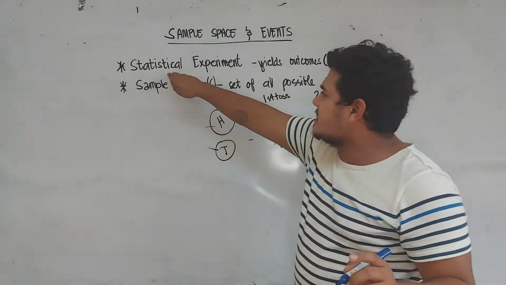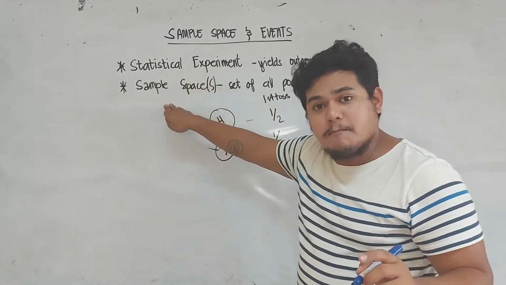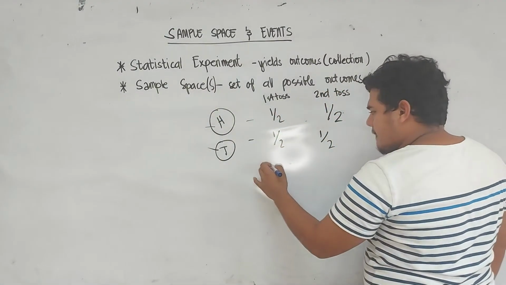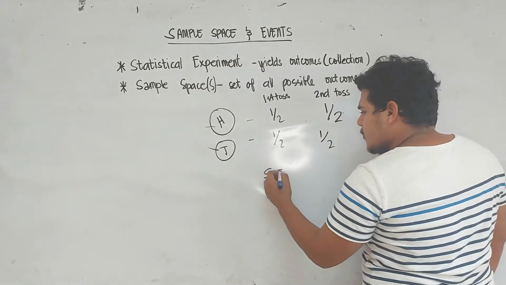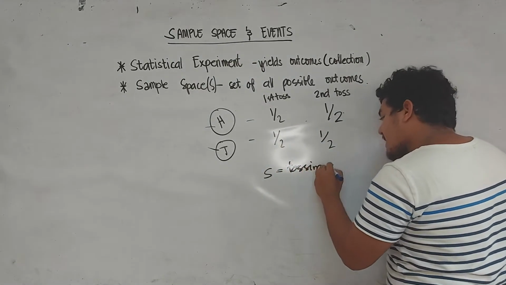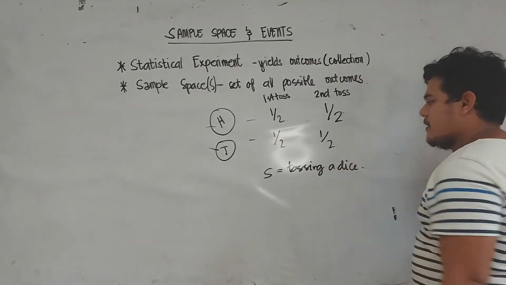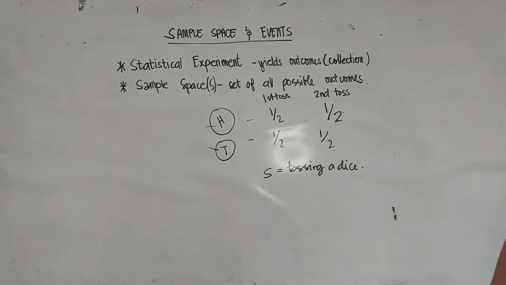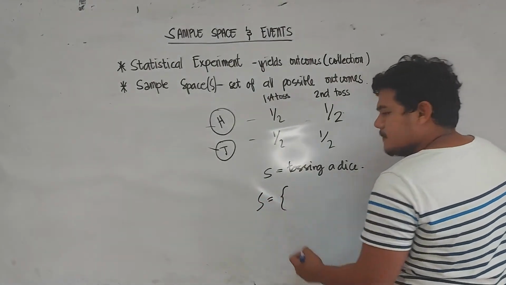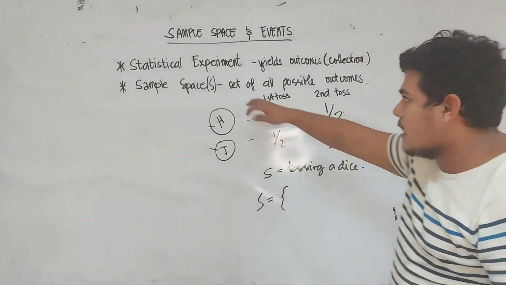Whatever we get from a statistical experiment is what we call a sample space. Another one, let's say S equals tossing a dice. When we toss a dice, what do you think are the values of our sample space?